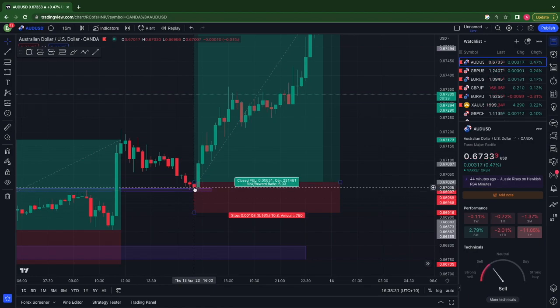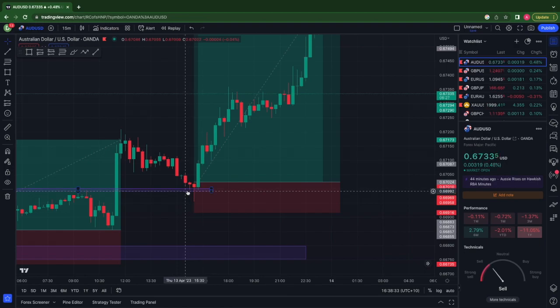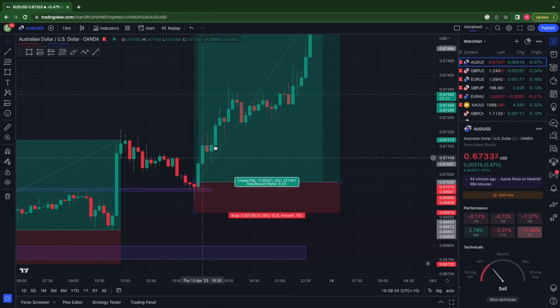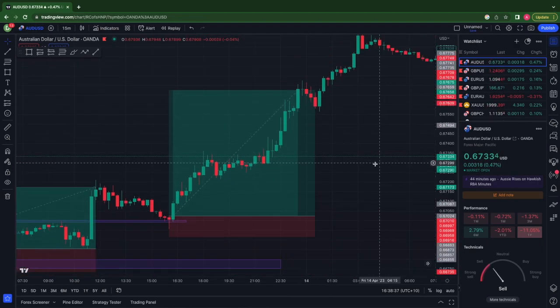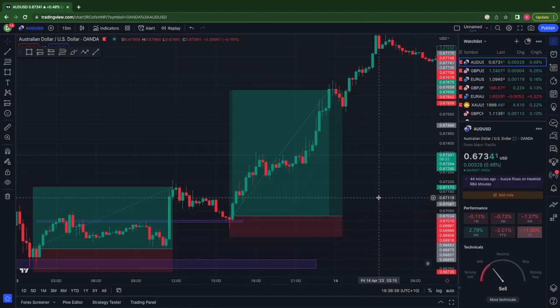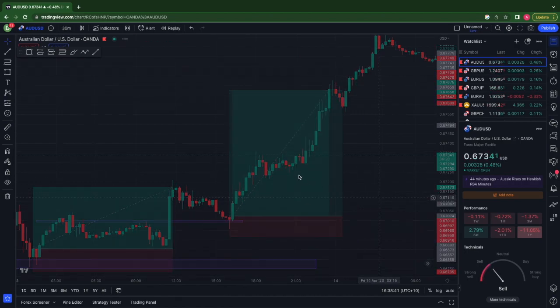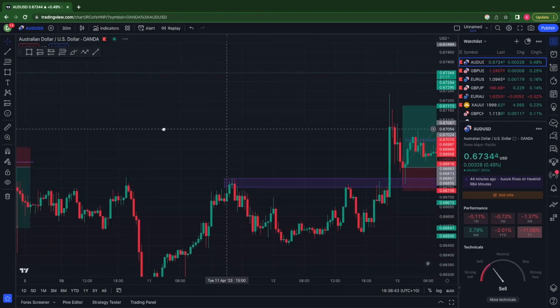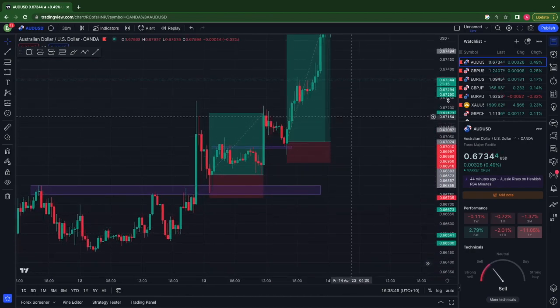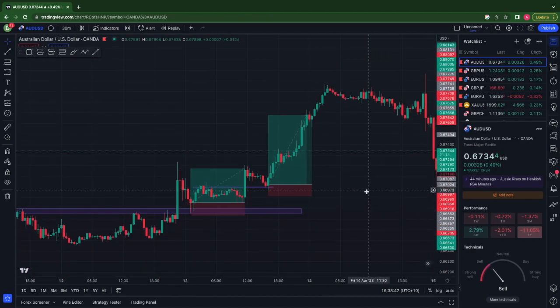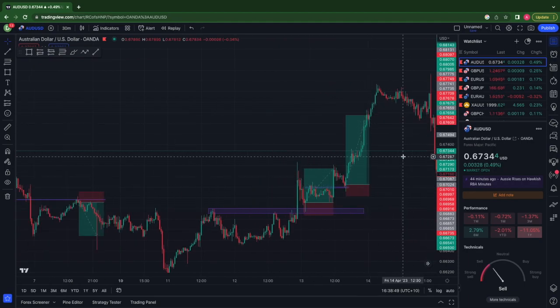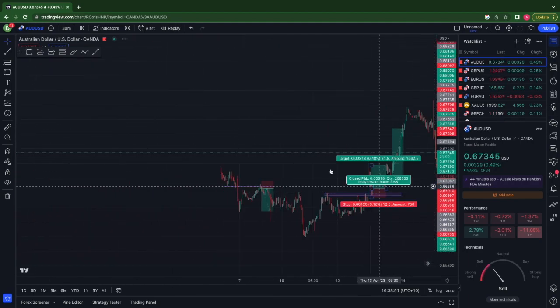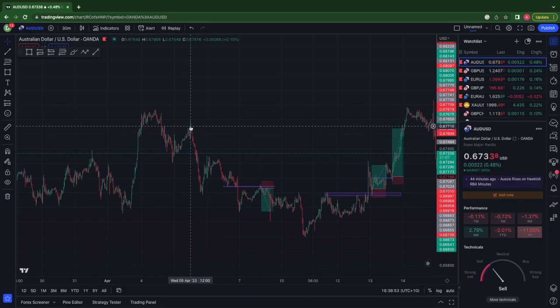That candle closed above the level and then went straight to the upside. And that's probably one of my better trades for the past couple of months, I reckon, at like, what is it, 6 to 1. Great trade.